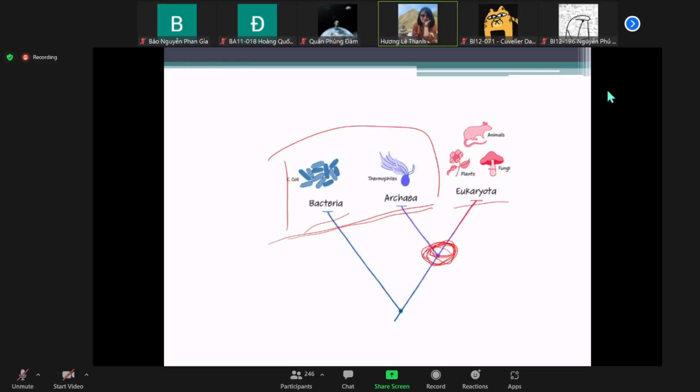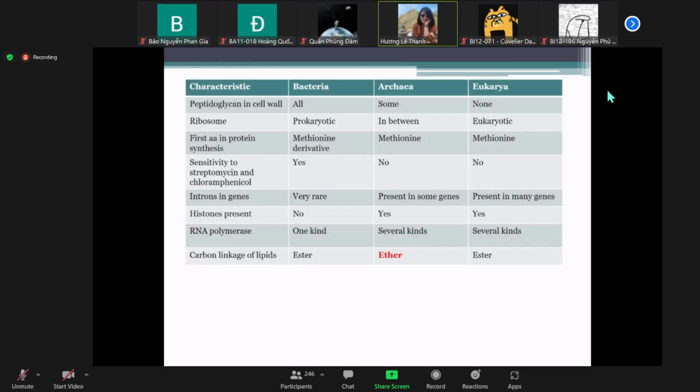So I have a table to compare the characteristics between bacteria, archaea, and eukaryotic cells. First, the cell walls. All the bacteria, actually most of them, but we can say all, have cell walls made of peptidoglycan, whereas only some archaea have this. None of the eukaryotic cells have cell walls composed of peptidoglycan.